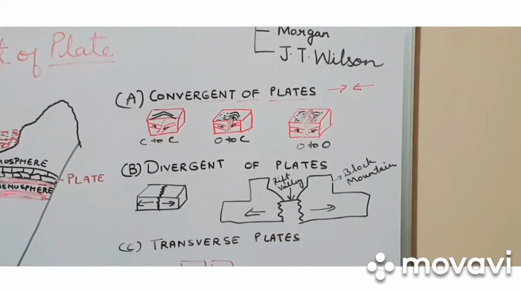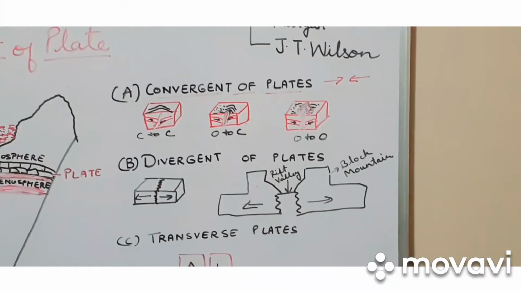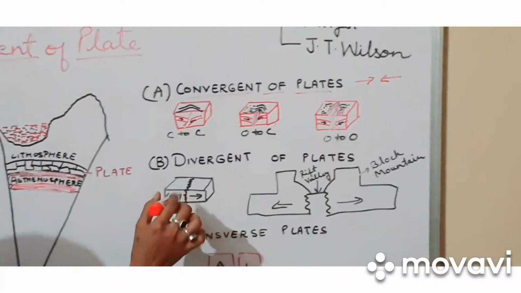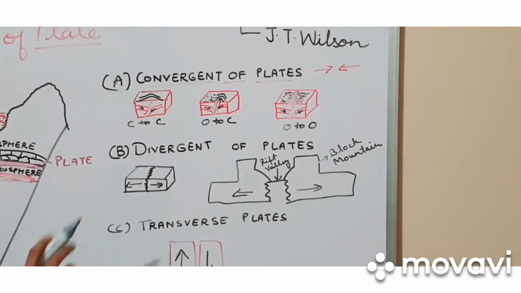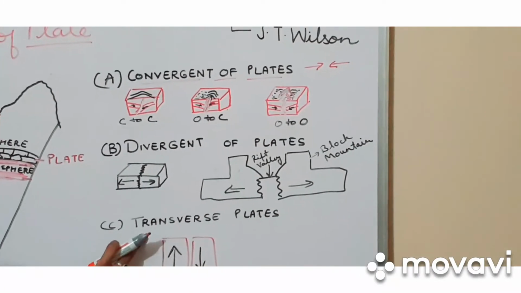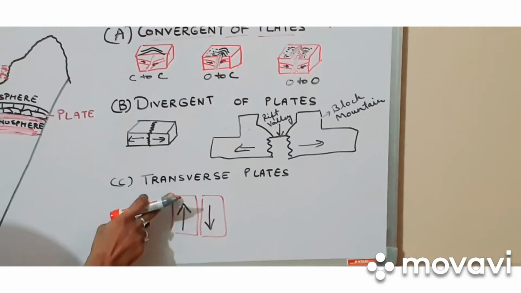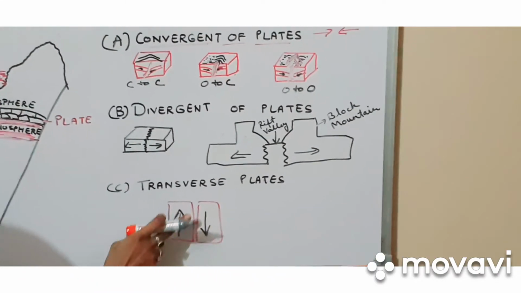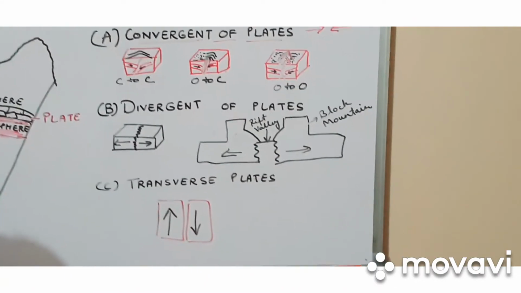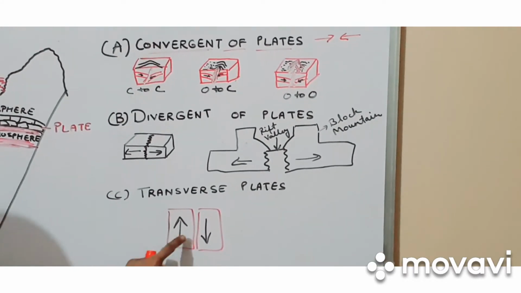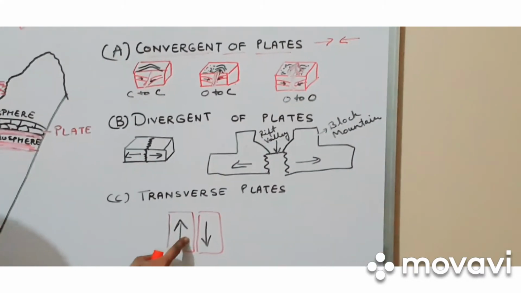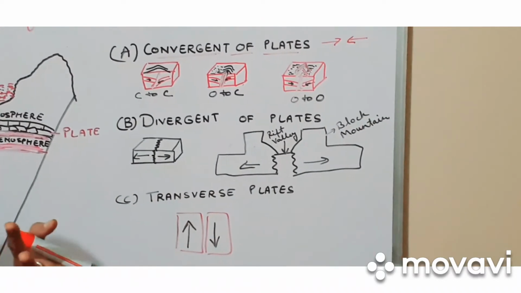If this activity occurs in oceanic areas, then ridges and new crust will form. Next is transverse movement, when plates move parallel to each other. Because of this, no topographical structure is formed, meaning no mountains, only lowland features. Only these types of movements are responsible for earthquake tremors.